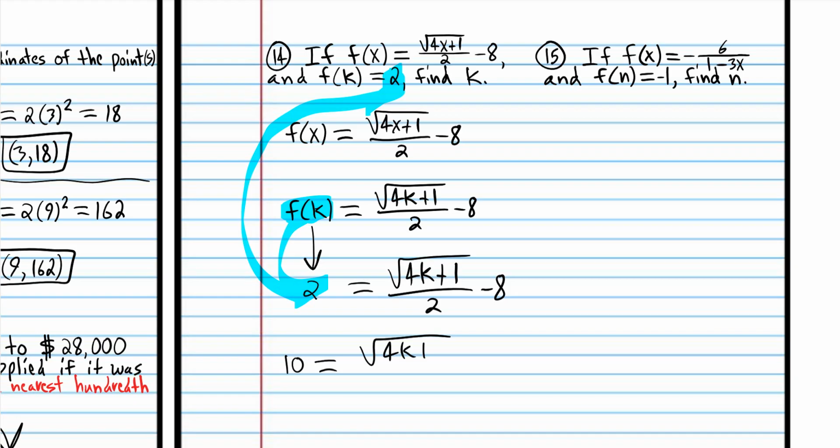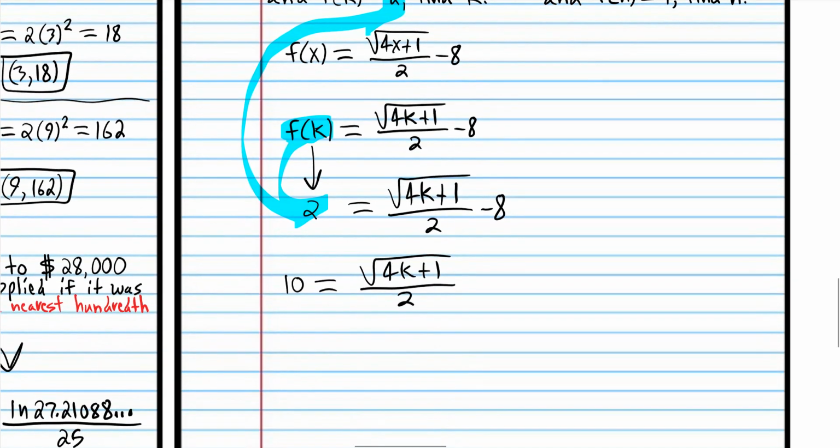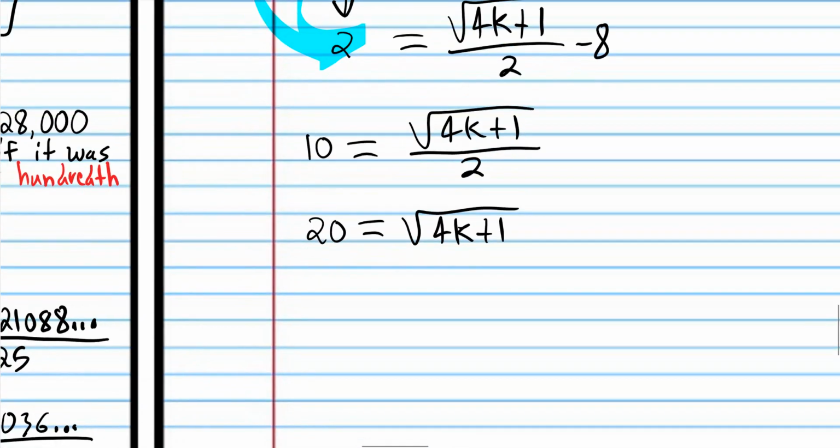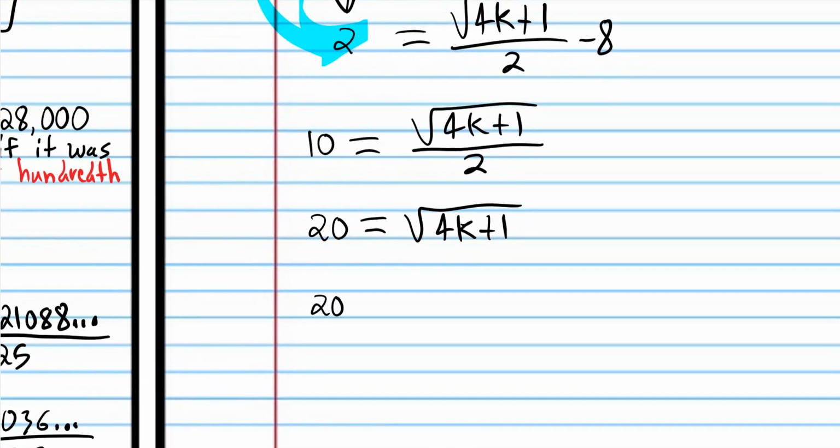You don't have to show every single step of the algebra. You need to show some steps, but not every step. Multiply both sides of the equation by 2. Then we're going to square both sides of the equation. You don't have to show the squaring like I'm showing here.